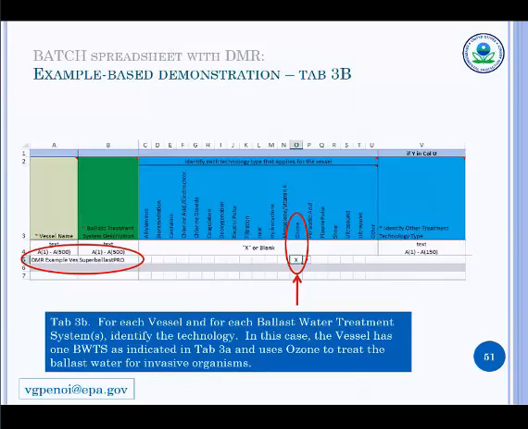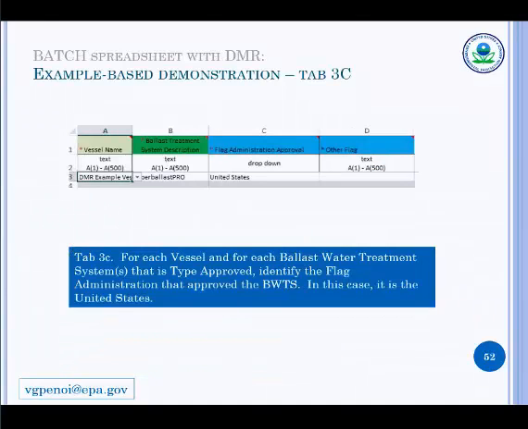For this example, we have an ozone system, and I've noted such with an X in the column. If your specific treatment type isn't listed, put an X in column U, and then enter that other technology type in column V. And then, as I mentioned, tab 3C simply asks you to identify any flag administrations that have type approved the treatment system if you indicated such in tab 3A.